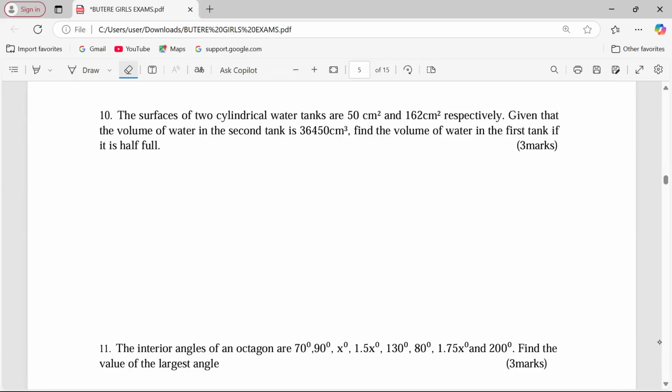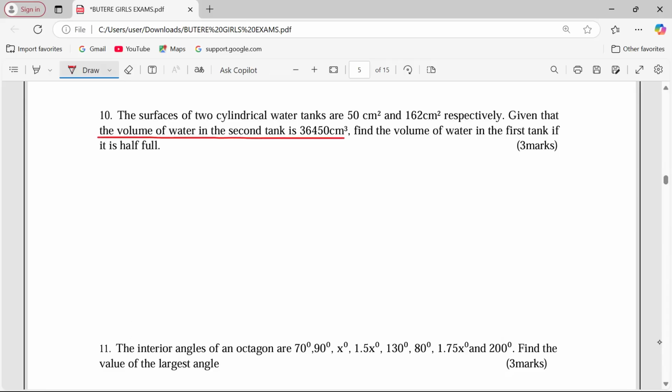Given that the volume of the second tank when full is 36,450, now we are finding for the first tank.